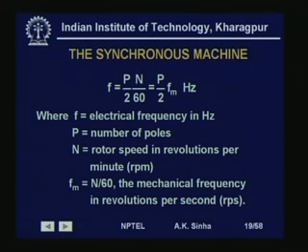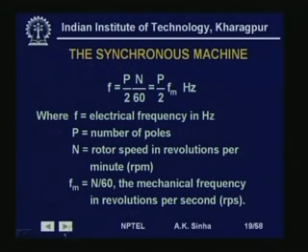Now, synchronous machines have a fixed relationship between the speed and the frequency, and this relationship is given by the frequency f is equal to P by 2 into N by 60, where N is the speed in RPM for the rotor and P is the number of poles of the synchronous machine.